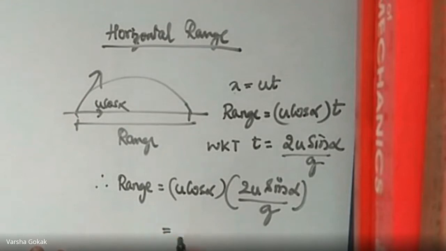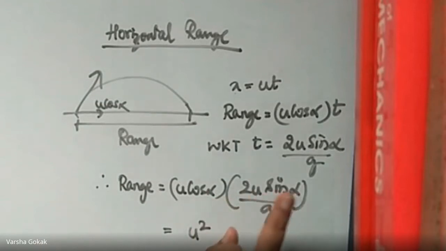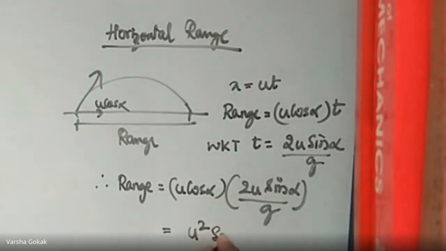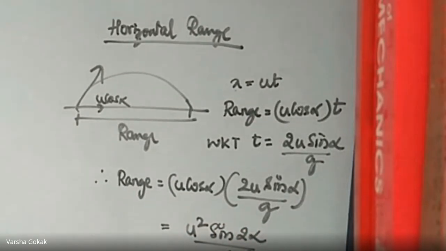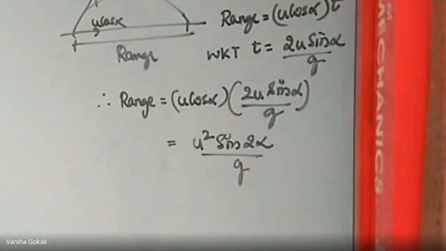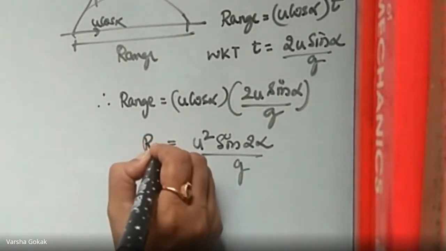Open the brackets. What will you have? Taking the u's together, it becomes u square, and 2 sine alpha cos alpha becomes sine 2 alpha. So u square sine 2 alpha divided by g. This is your range equation.